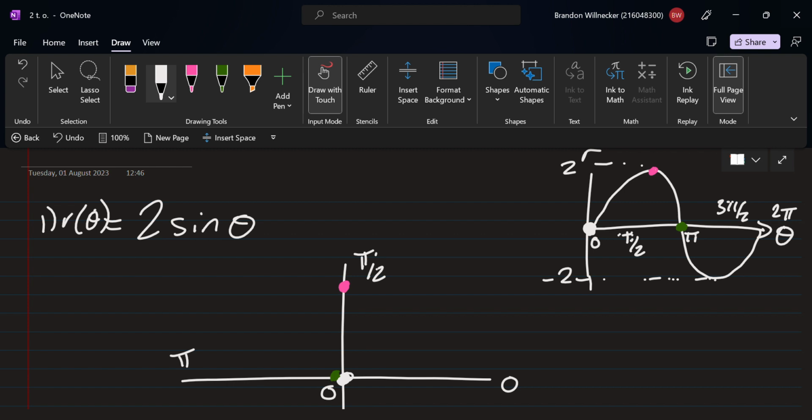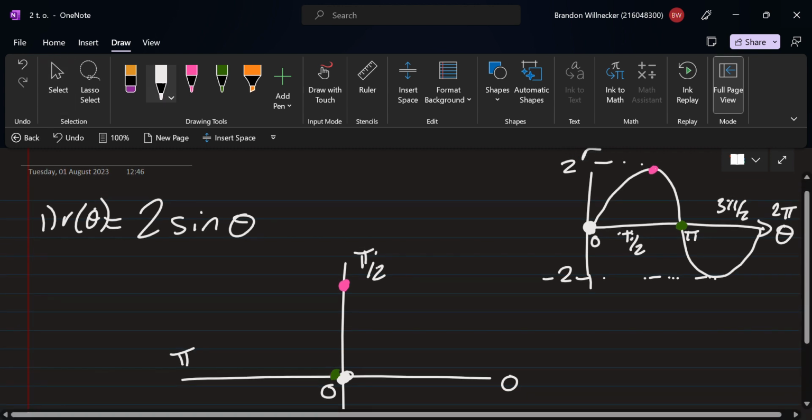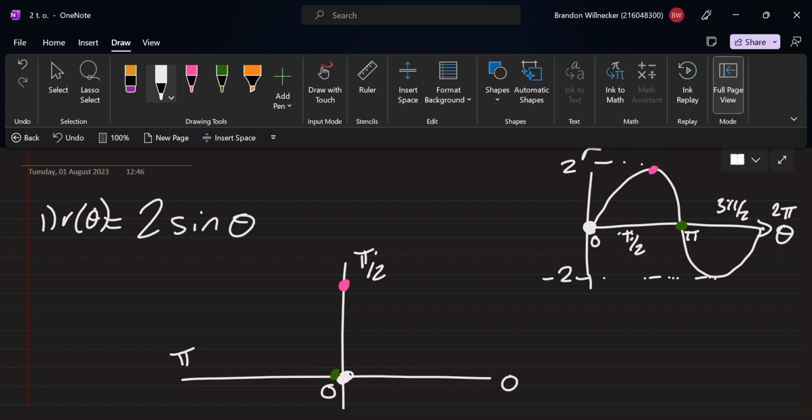While we're drawing the graph on the left, just keep track of what we have on the right. When the angle goes from 0 to pi over 2, the distance starts at 0 and goes up to 2. So the radius increases until we get to 2 as the angle goes from 0 to pi over 2, and it's going to look something like this.